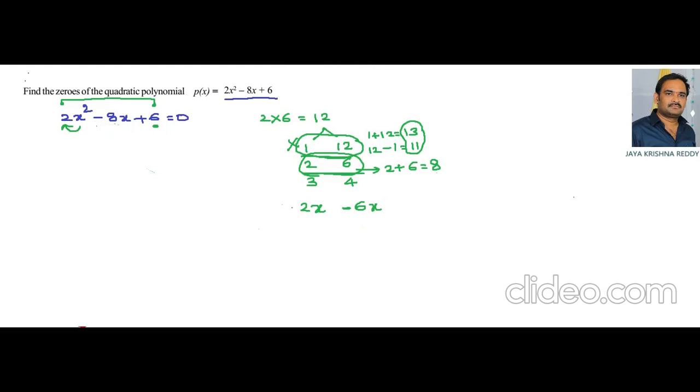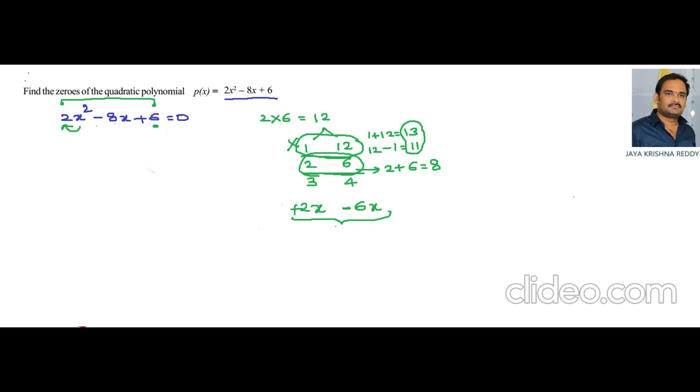And now we have to check which symbol should be given to 2x. Whether it is plus or minus, we have to check that. Suppose plus is given for 2x, now what is the result? Plus 2x minus 6x. Plus 2x minus 6x means first of all you have to write the symbol of the bigger number.